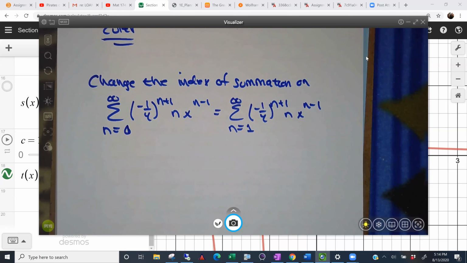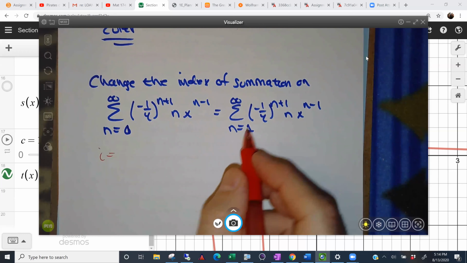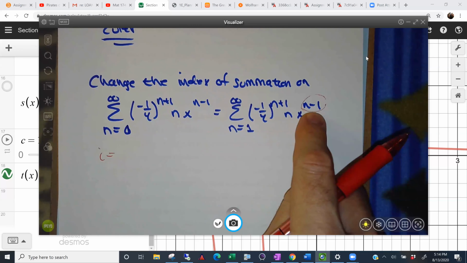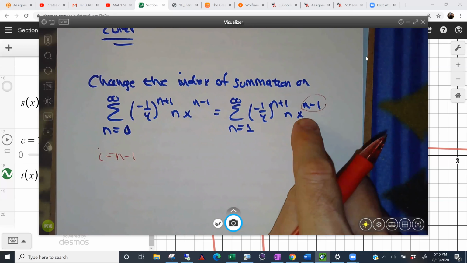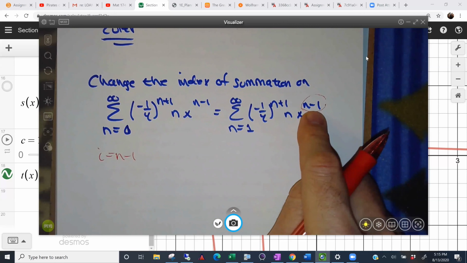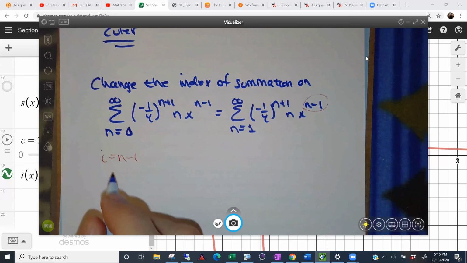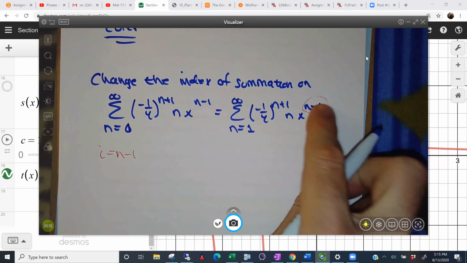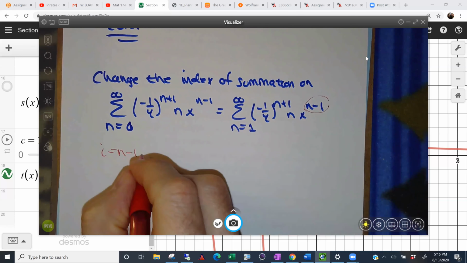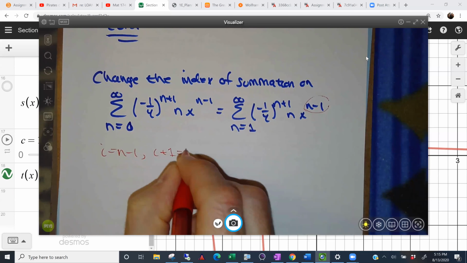Let's let I equal, let's choose n minus 1, because that makes our exponent a little bit nicer. It's not really an aesthetic reason that I'm changing the variables. It's just practice. So if I let I equal n minus 1, then I'll just have a nice x to the I term there. That'll be nice. With that, that means equivalently that I plus 1 equals n.